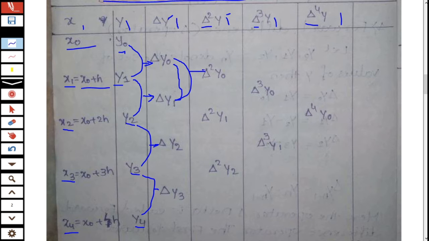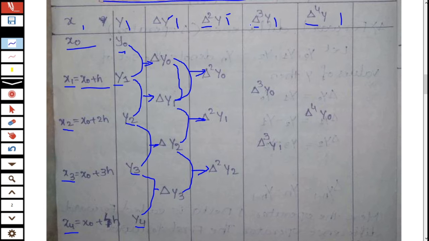Therefore this is the value delta square y0. In the same way, delta y2 minus delta y1 gives delta square y1, and delta y3 minus delta y2 gives delta square y2. That is the second difference.